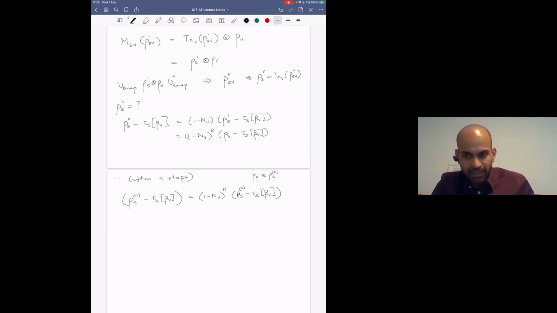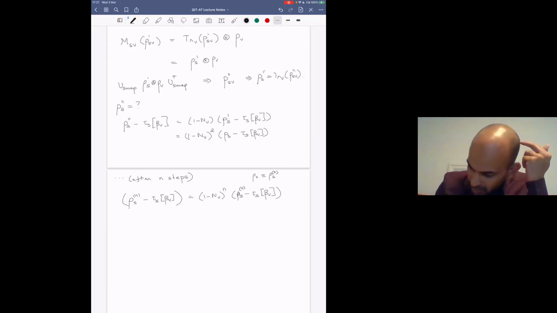Right, so what is this expression? This is essentially a discrete decay towards a steady state. What is the limit as n tends to infinity of 1 minus NV to the n? This is equal to 0 because 1 minus NV is somewhere between 0 and 1.